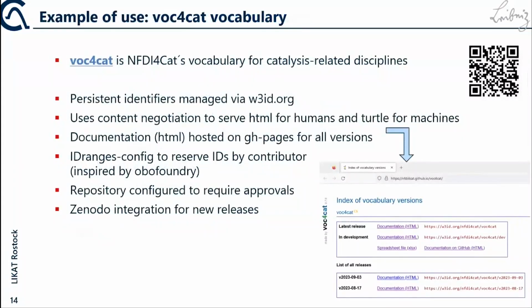And so voc4cat is finally the application of all of this. We use persistent identifiers managed via w3id.org. That also allows us to use content negotiation to serve HTML for the human visitor with a browser, but you can also get Turtle for machines by supplying the accept header when you download it.